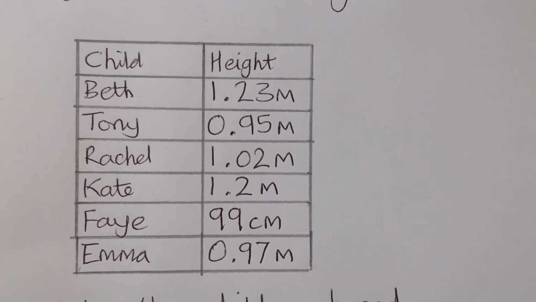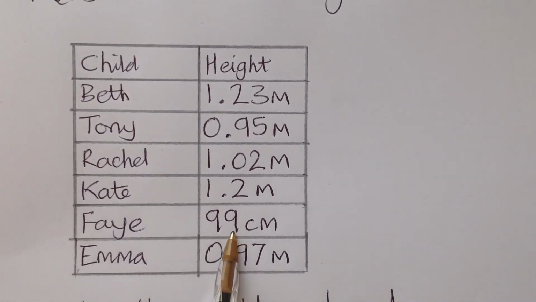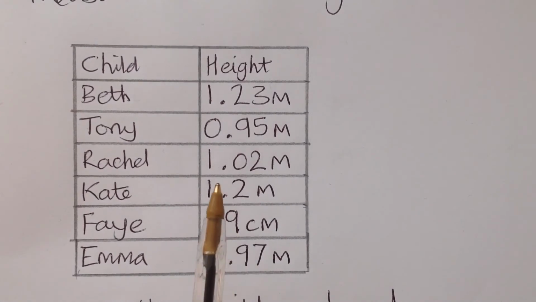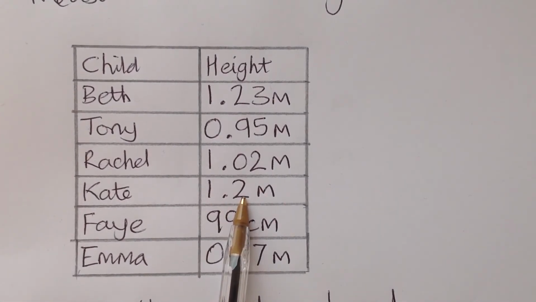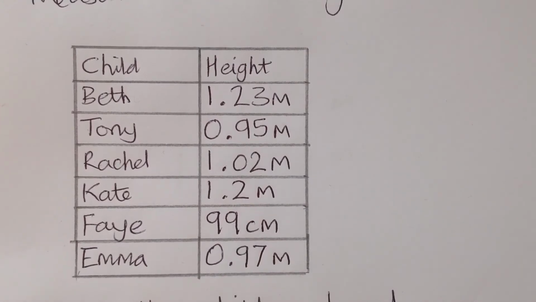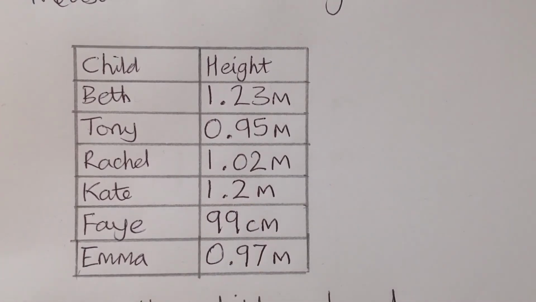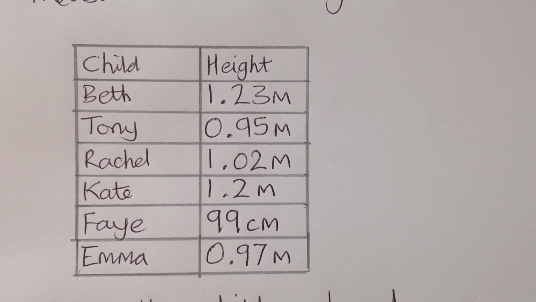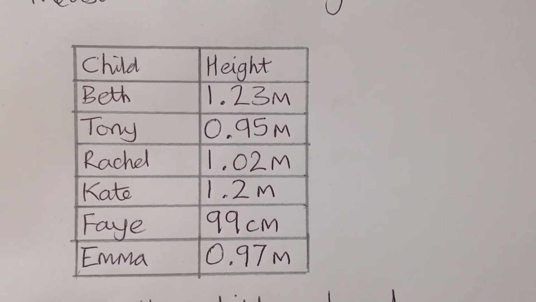So if you convert Phase into metres by dividing by 100, and you convert Kate's into 3 digits by adding a placeholder where the hundredths would be, suddenly all of your numbers will have 3 digits, and you'll be able to solve this problem exactly as you did the problem that I set for you on my previous YouTube video.